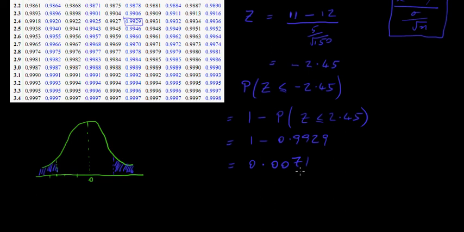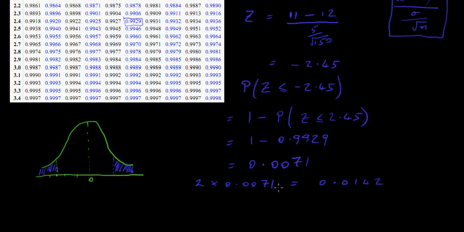Now I'm going to double this because we're looking at more extreme values than our Z value of minus 2.45. So let's multiply this by 2. 2 times 0.0071 gives me 0.0142.